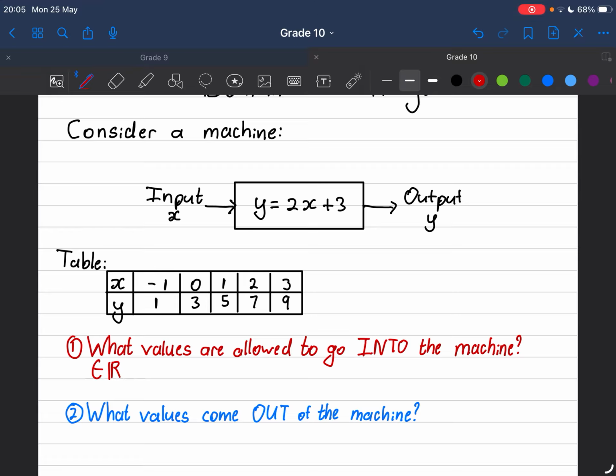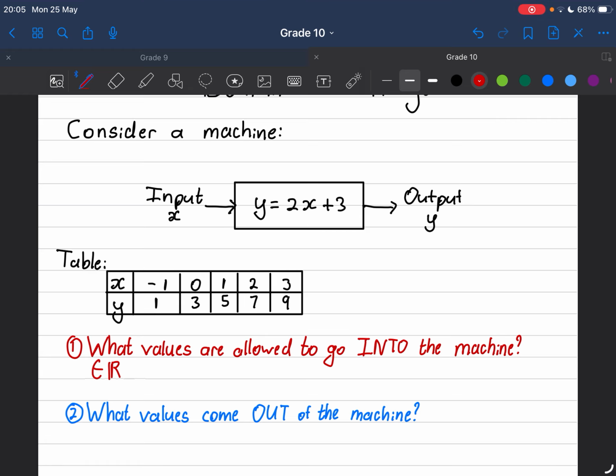Any real number, whether rational or irrational, is going to give me an answer. Okay, so that's first. What values are allowed to go into the machine?